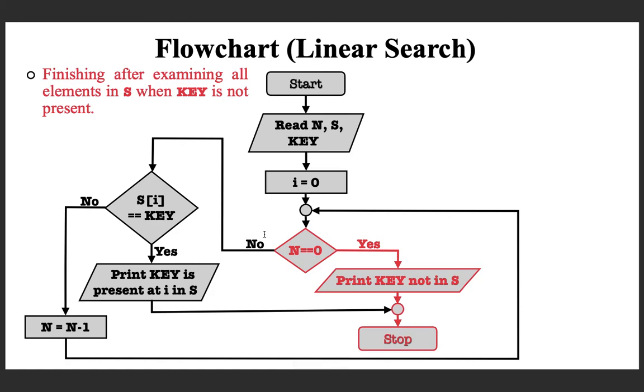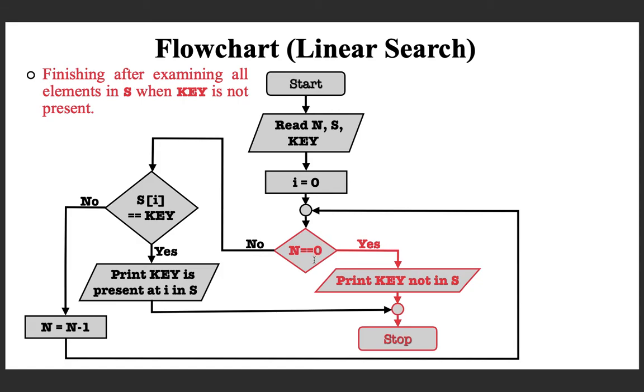And finally, I will examine all the elements in the sequence. If the remaining number of elements in the sequence is 0, it means I have examined all the elements from index 0 to index n minus 1, and no other element is present.